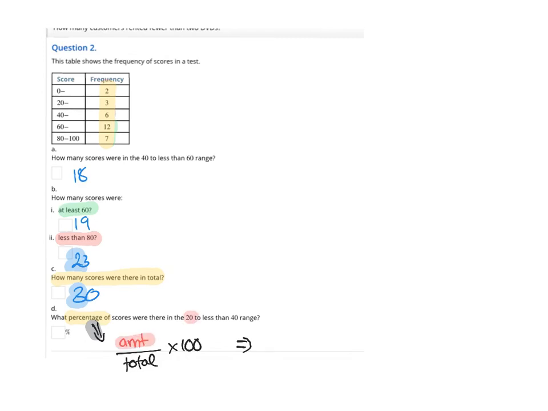They want to know the 20 to less than 40 range. So 20 to less than 40 is that amount. So how many is there? There were 9 in that part. And how many were there in total? That's when we added them all up, good. And we thought that there were 30. So I've done the amount out of the total, and I'll times it by 100. And what do we get? 30%. Good. Excellent.